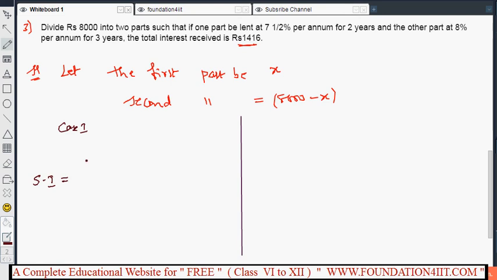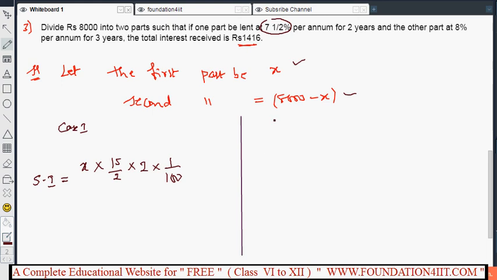Principal is, this is the first part and second part. So for the first part, case 1, principal is x into rate percentage 7.5, 7.5 means 15 by 2, and time is 2 years, so into 2 by 100.